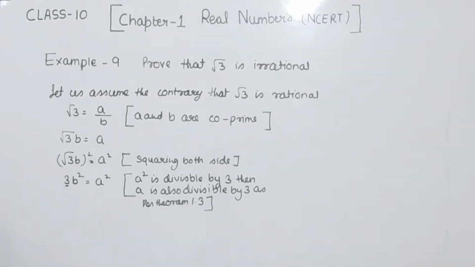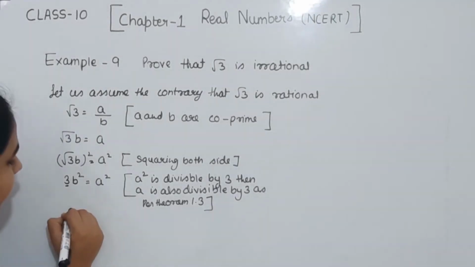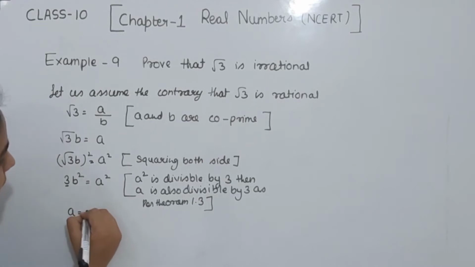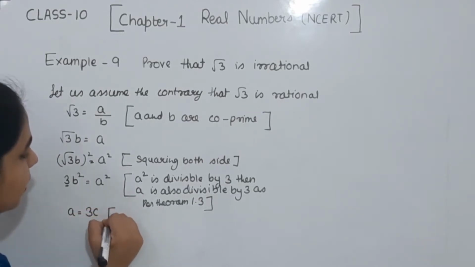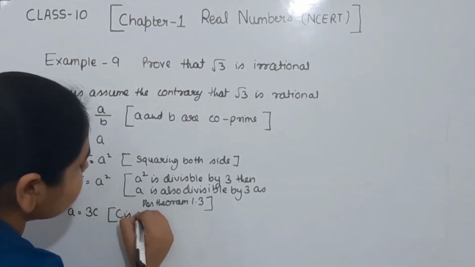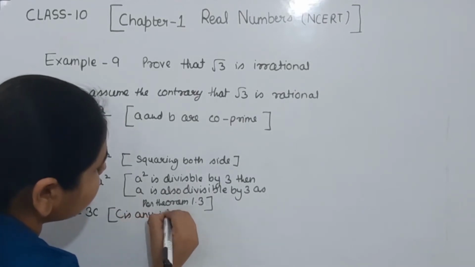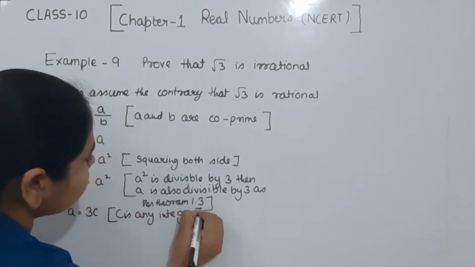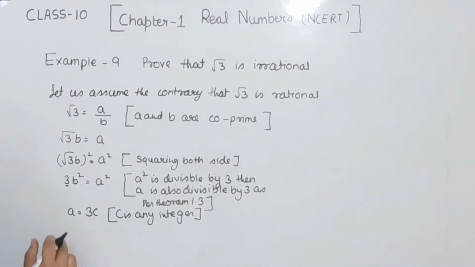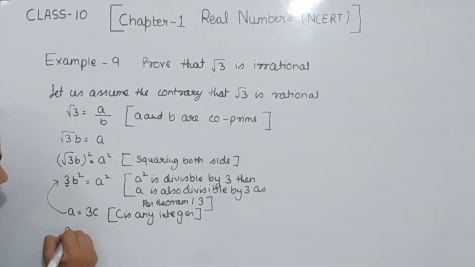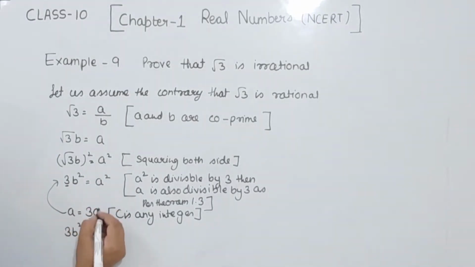So now we let a equal to 3c, where c is any integer. Now we put the value of a in this one. So 3b square is equal to the value of a, which is 3c, the whole squared.